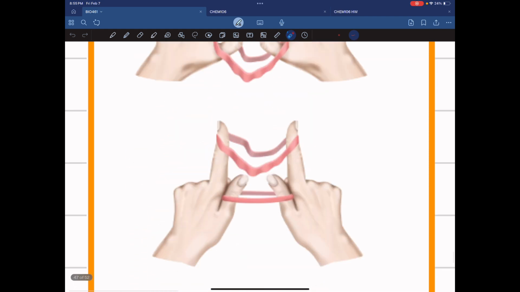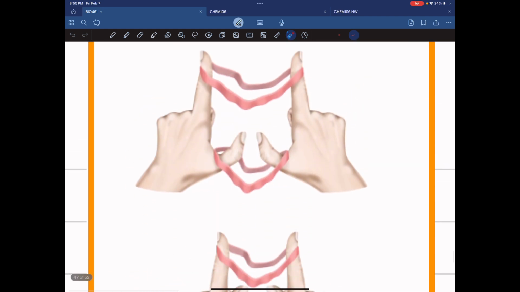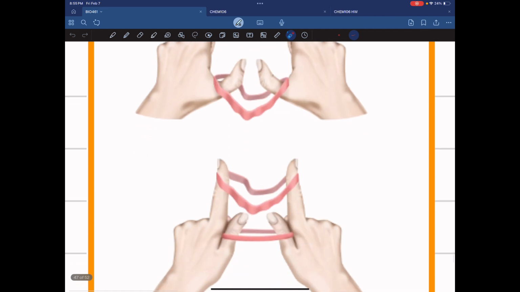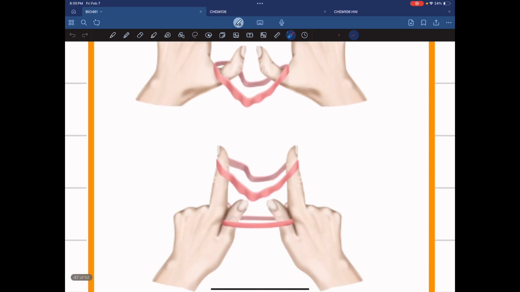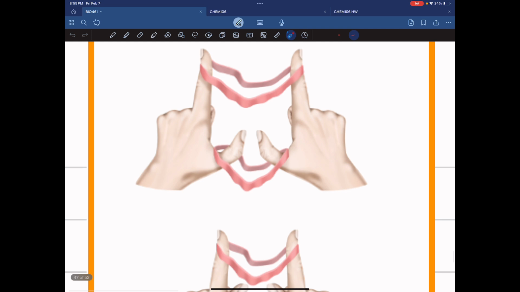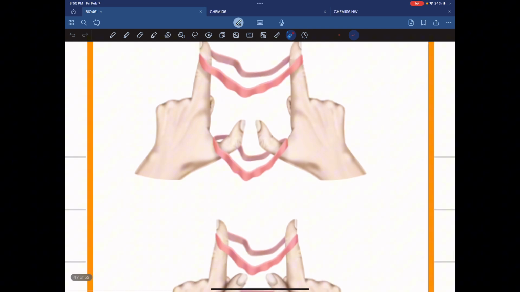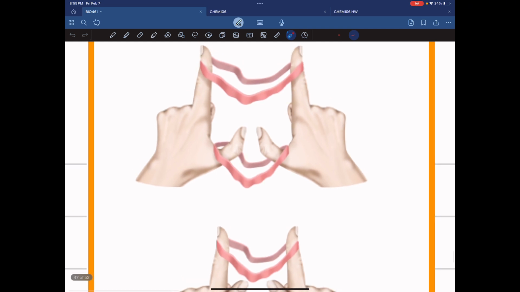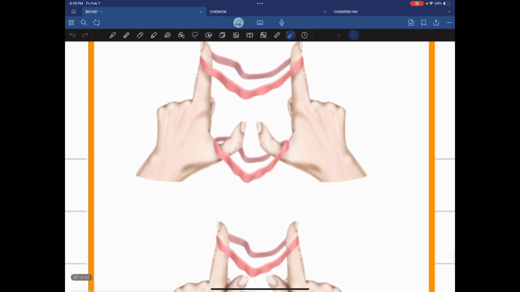And that is the most important part: the gamma motor neurons prevent this sagging.